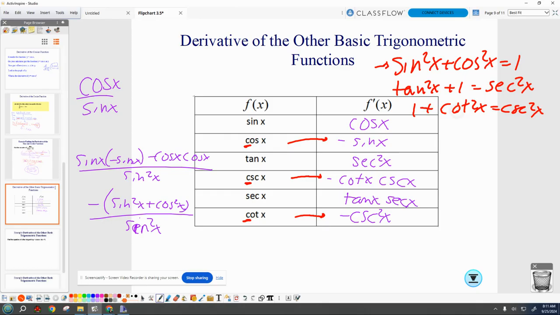Which friend? That guy. And cotangent's derivative is negative cosecant squared. Tangent and secant hang out together, sine and cosine hang out together, cotangent and cosecant hang out together. They just do, in lots of relationships.